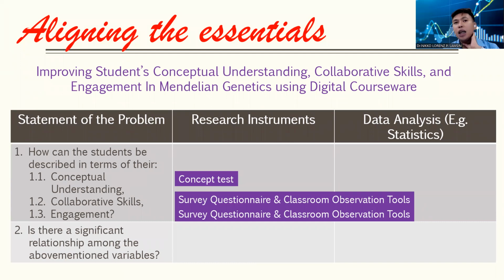So in order to validate your results, you need to provide more evidence such as observation. So you can create classroom observation tools. A reminder, if you are measuring skills or attitude, it has to be demonstrated. It has to be performed by the students. So classroom observation tools are necessary.